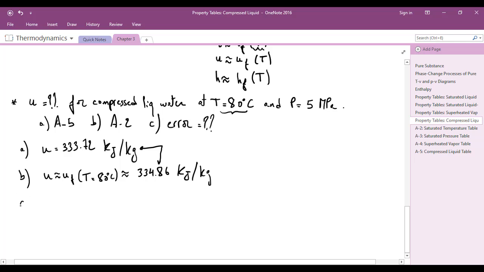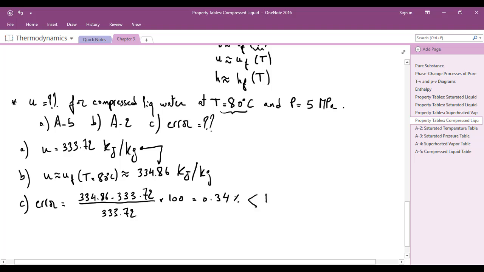If you want to calculate the error, it will be equal to 334.86 minus 333.72, divided by the accurate value 333.72, times 100. So it is approximately 0.34%.